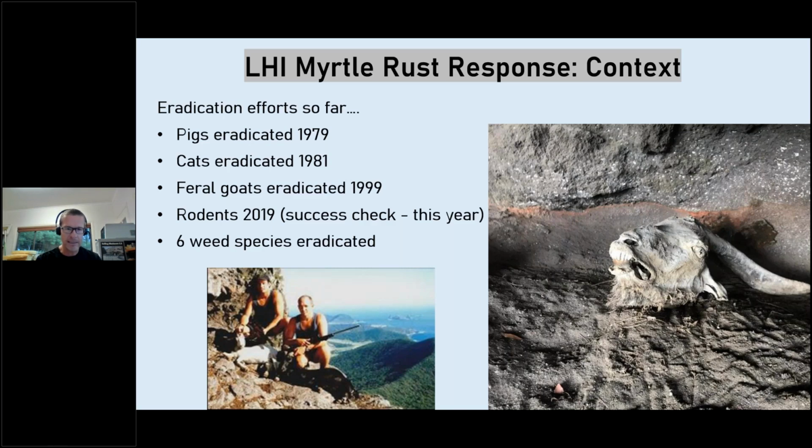And also there's been 6 weed species eradicated. So I think that's important context because there's a real eradication mindset when something's discovered on the island. If it's non-native and it's likely to have an impact, eradication is definitely their first response.